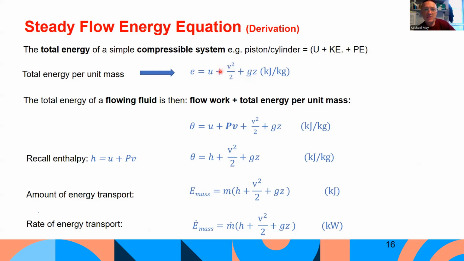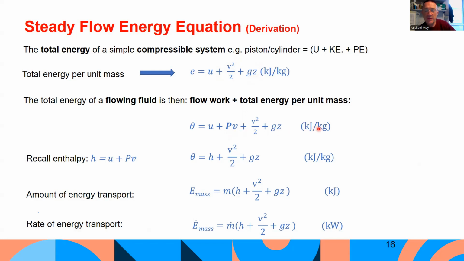So this is the total energy that we can get for a simple compressible system per unit mass. But if we want the total energy of a flowing fluid system, that's an open system that has fluid flowing through it, we also need to add in the flow work or flow energy, which is pressure times volume, or P times small v in its specific form.